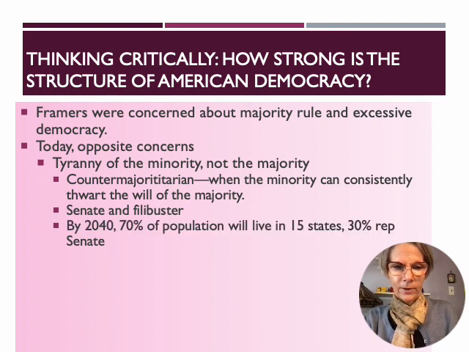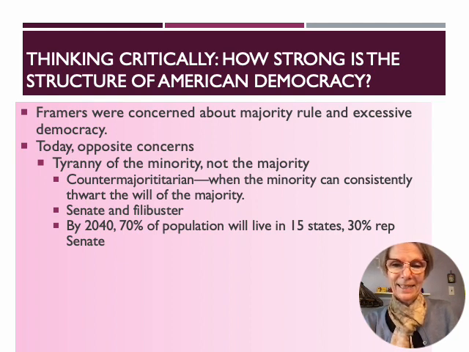Another aspect is the makeup of the Senate. When the Constitution was created, the ratio between the most populous state and the least populous state was a lot different. In 1790, the ratio was 12 to 1, so the most populous state was 12 times that of the least populous state.